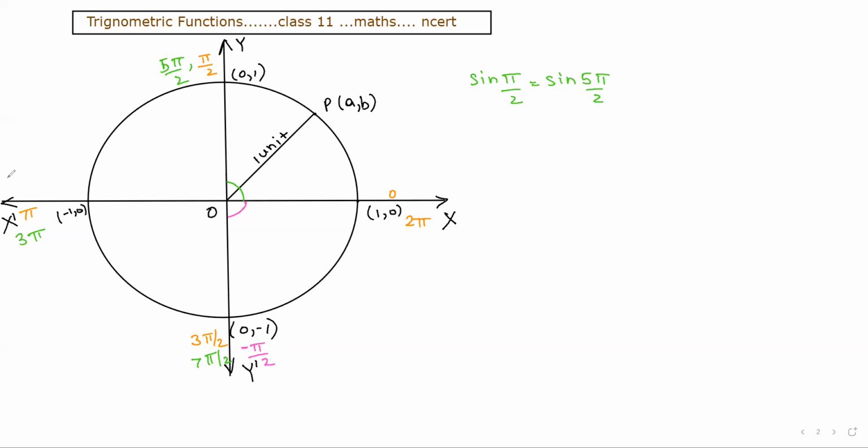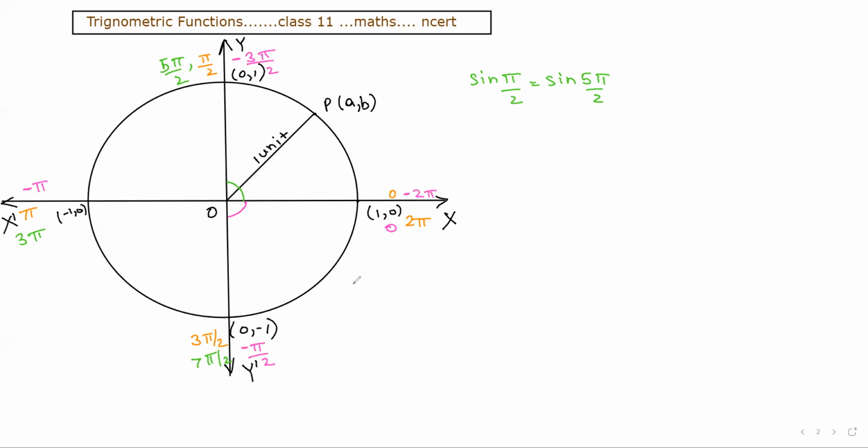As you move forward, covering your third quadrant to the negative x-axis, the total value you've covered from your initial position, the positive x-axis, is minus pi. If you continue moving ahead in the clockwise direction, it is minus 3 pi by 2. Again, minus 2 pi.